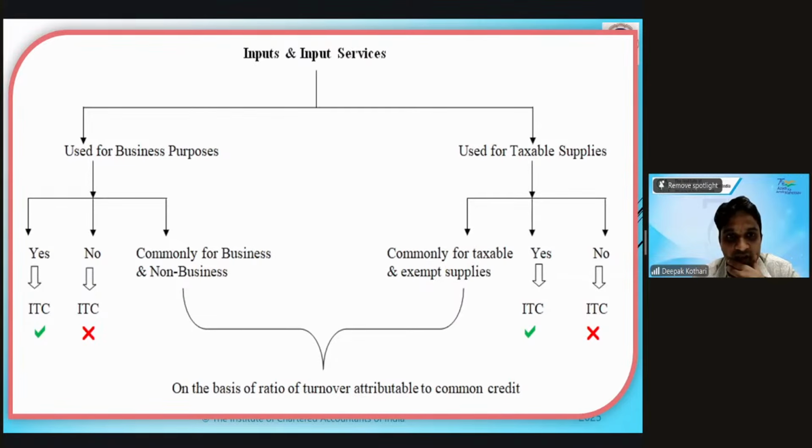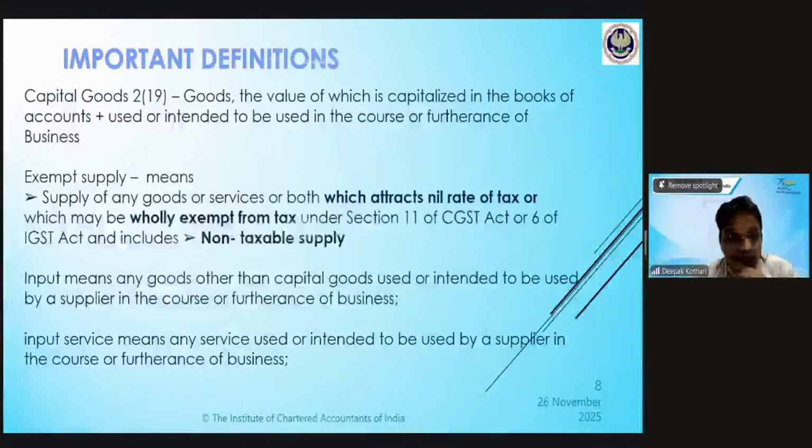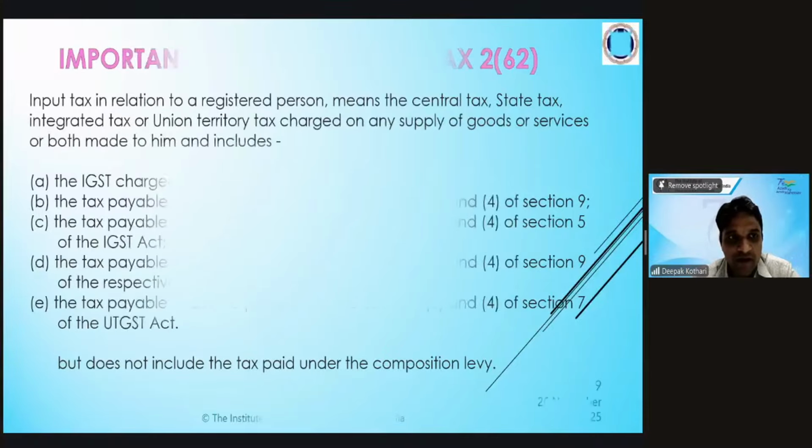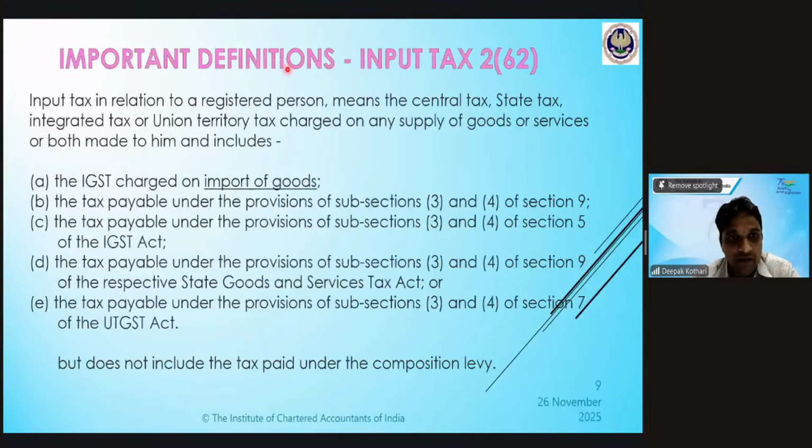Okay, ITC we understood. Next is definitions. Definitions under GST, we are all aware of that input tax credit means not only the credit we get in GSTR 2B, but also other things. That is IGST, which is charged on import of goods, and taxes which we pay under reverse charge. All of that also is our credit. Fine.